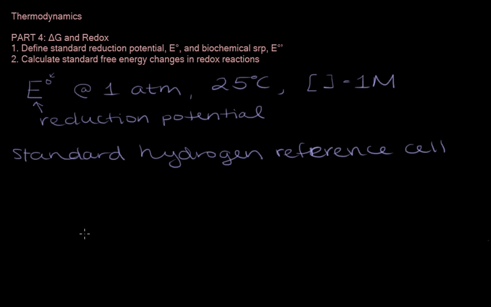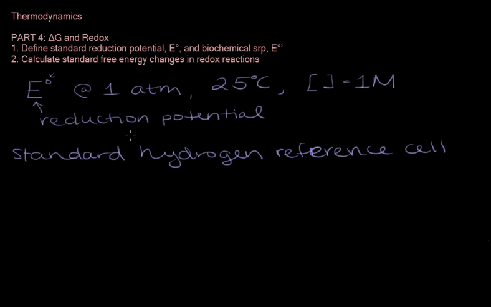So this involves bubbling in hydrogen gas at 1 atmosphere. We have a standard hydrogen electrode, a voltmeter, salt bridge, 2 half reaction cells, anode, cathode, all that stuff. Okay, but at the end of the day, this is a constant because these are constant, and you can look this up in a textbook.